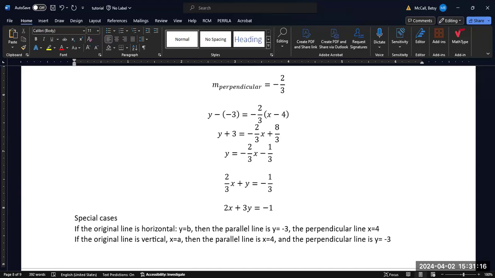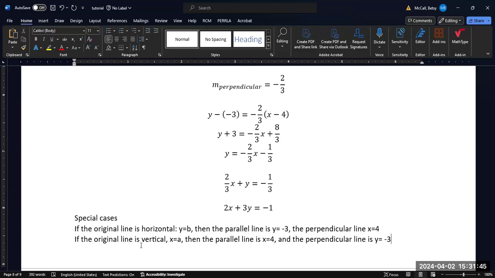So just keep in mind, horizontal and vertical are perpendicular to each other. With the equation that we talked about for the perpendicular slope, the slope of a horizontal line will be 0. And then if you take the reciprocal, you get undefined. What equation has an undefined slope? A vertical line. Same thing if you start out with the vertical line. The original slope is undefined. How can you take the negative reciprocal of that?